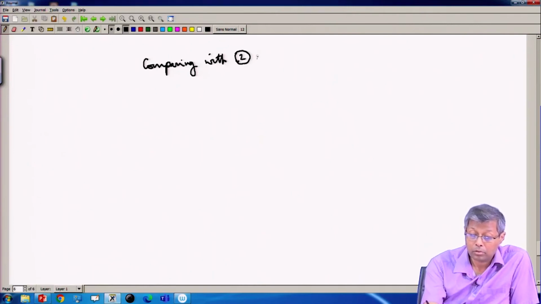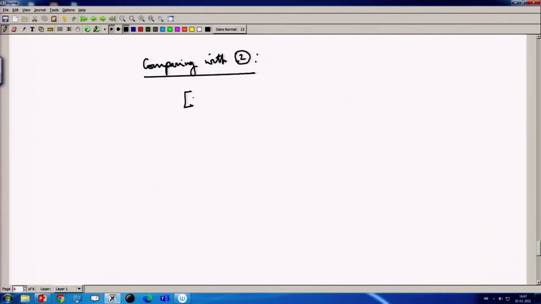Comparing with 2, we get S transpose is S, which means that the S matrix is a symmetrical matrix.